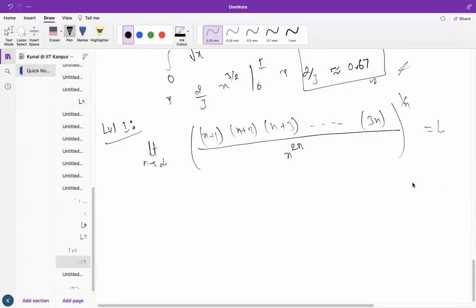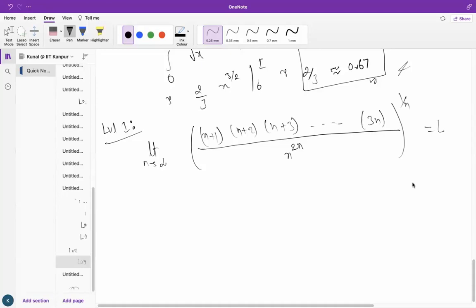It's actually based on the definite integral as a limit of a sum. But you may raise a question: I told you it's based on definite integral as a limit of a sum, but in the numerator there is no summation. There is a product form.